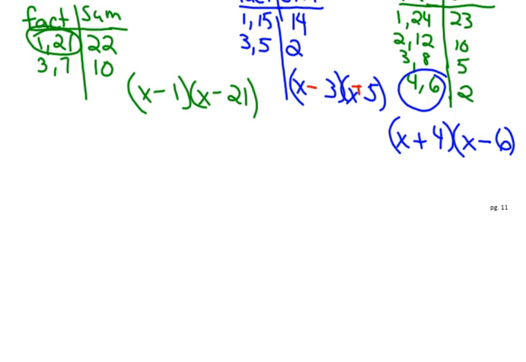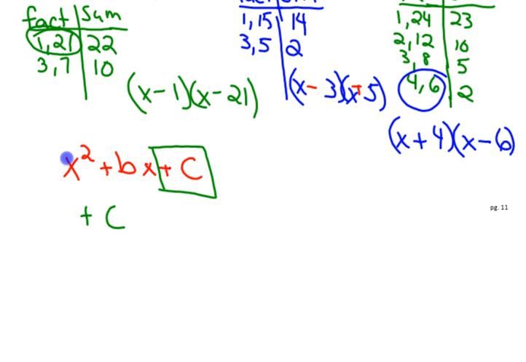So we're going to have a chart here, okay? And I'm going to write it out using A's and B's for a second. So we have x squared plus bx plus c as our general form. If it is a plus c, then your factors have to add.